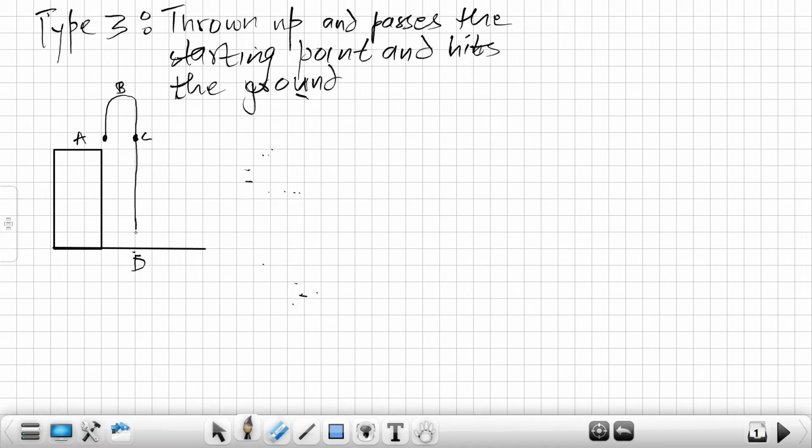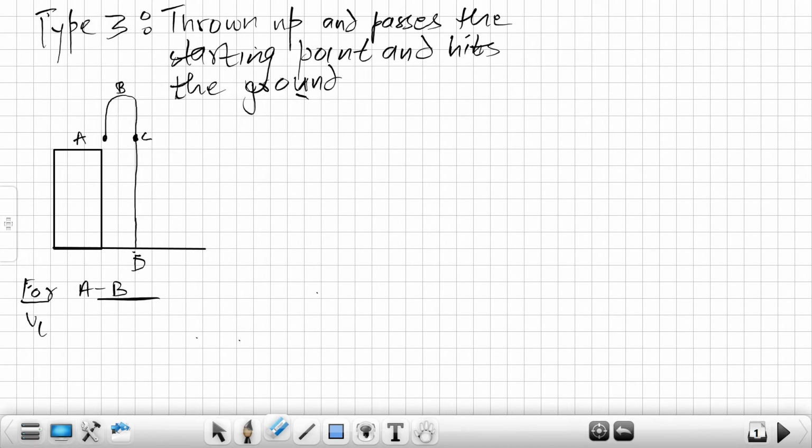Now what is happening? For the motion from A to B, in the previous video we agreed that V initial decreases as we approach the maximum height.